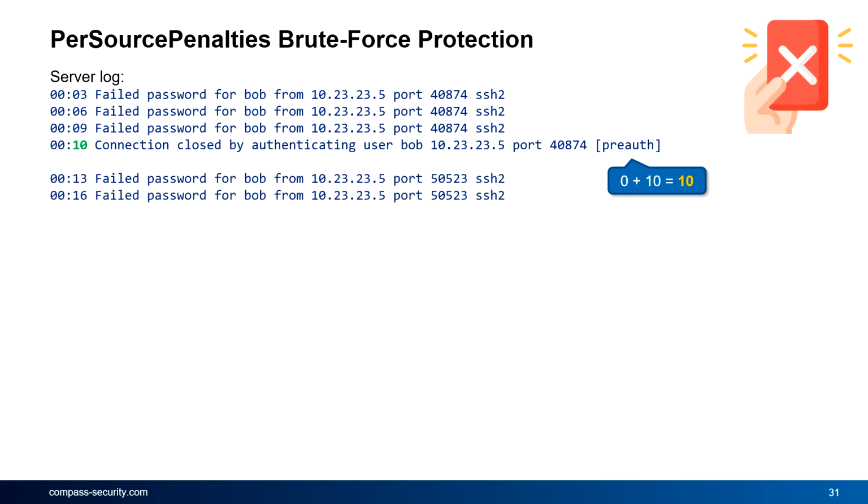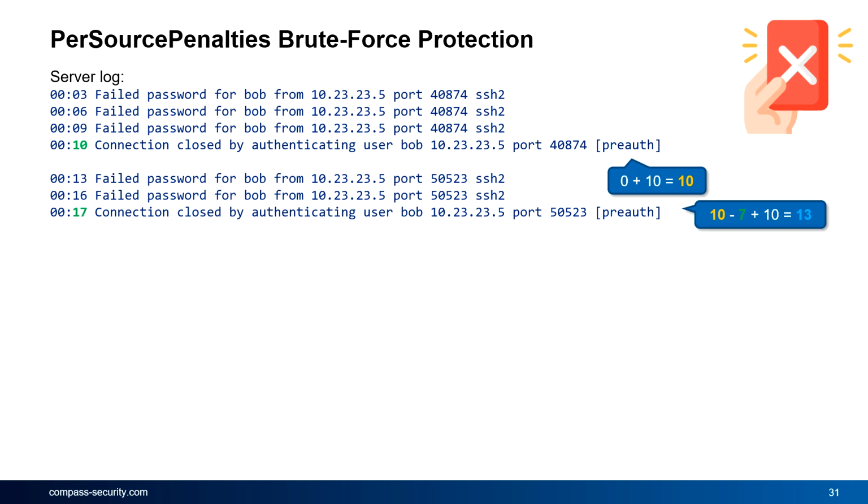Now the same client connects again and performs 2 failed logins in this same session and then disconnects. Total after 17 seconds. This will now first decrease the penalty by 7 seconds and then add another 10 penalty seconds.